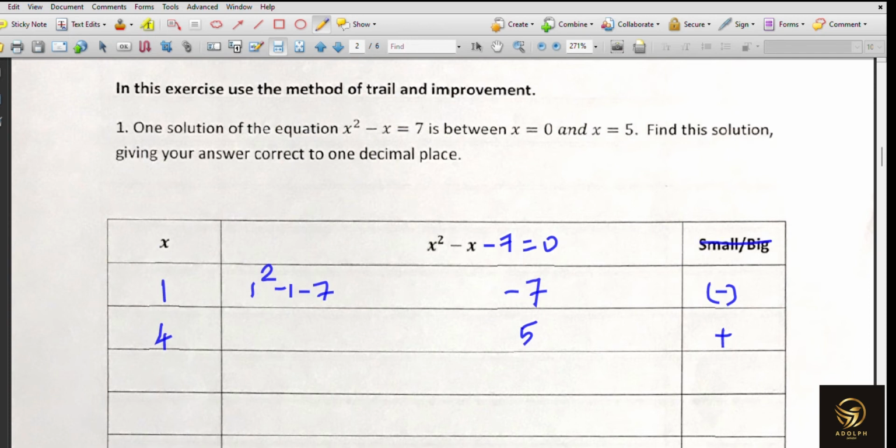So negative to positive, which means in between. We know in the number line, the right side of 0 is going to be positive and the left side of 0 is going to be negative. So if I'm getting negative for 1 and positive for 4, then the answer must be in between this.